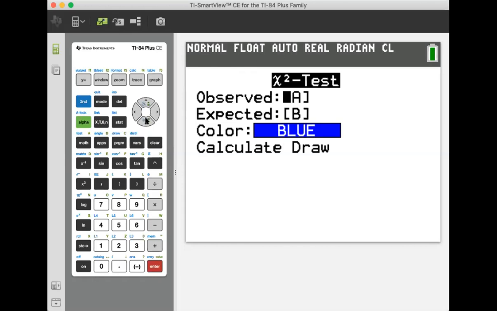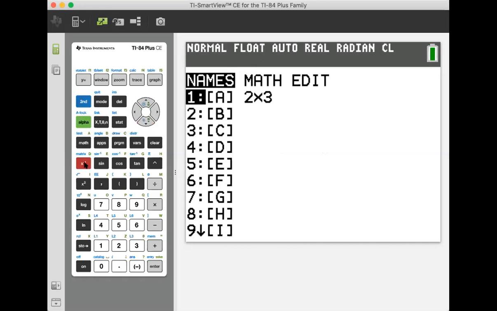So just in case you need to change one of these, let's say if the expected was another matrix instead of B, we would do second X inverse or X minus 1. And we would say we wanted to make it C. We would go down to C and hit enter.